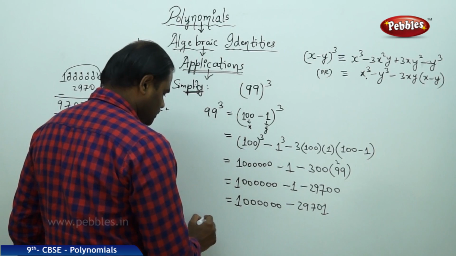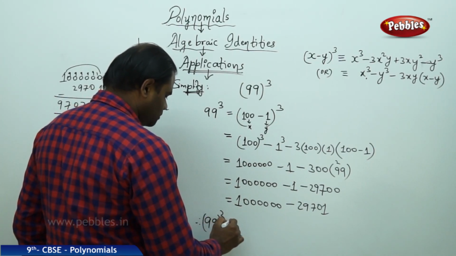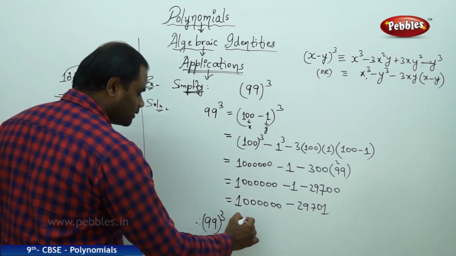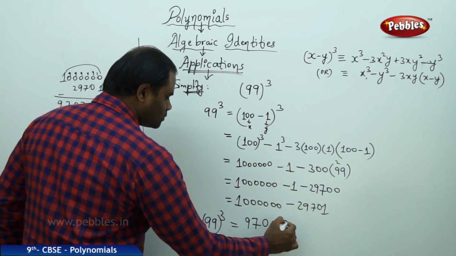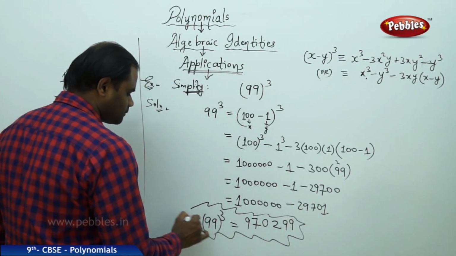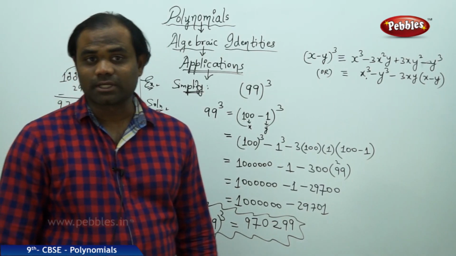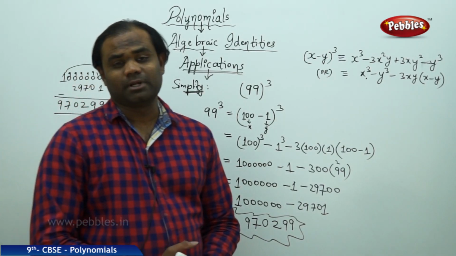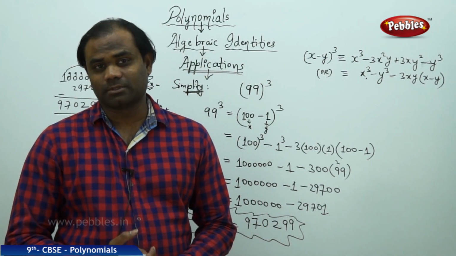Therefore, my answer for 99 cube, which is the multiplication of 99 three times, is directly 970,299, which is what we get as the value using the algebraic identity. Applications of algebraic identities in solving math problems in real life.